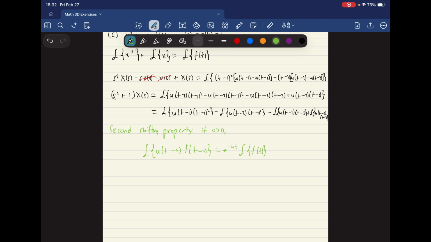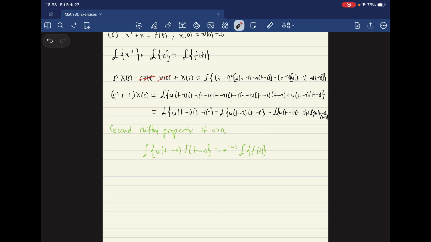The reason this is useful is because you might notice that this expression here is exactly in the form that is required for the second shifting property to apply. For this first transform, our a is 1.